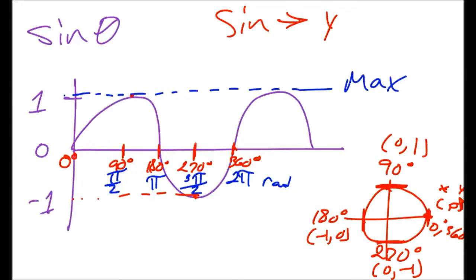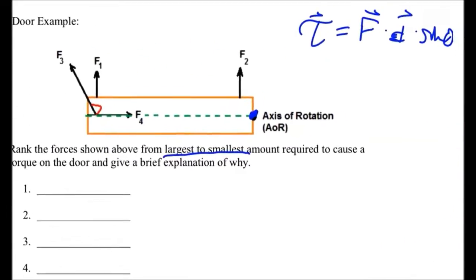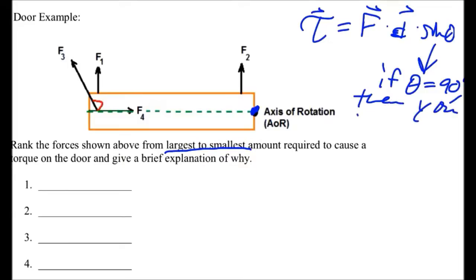So if we look at that in our torque equation over here, and we see that our torque equation has this term sine theta, that means that if theta equals 90 degrees, then you have a maximum torque.